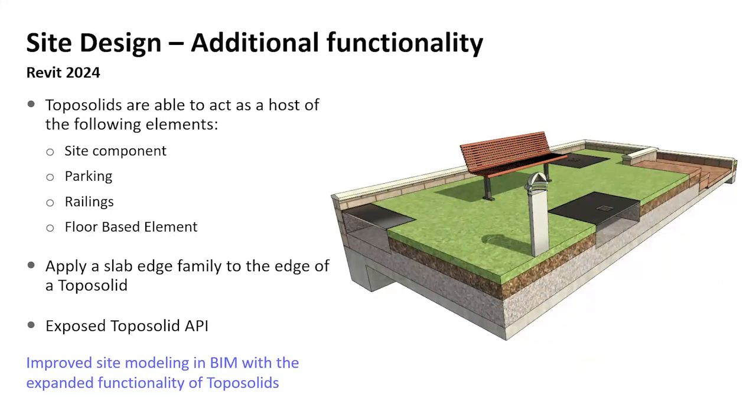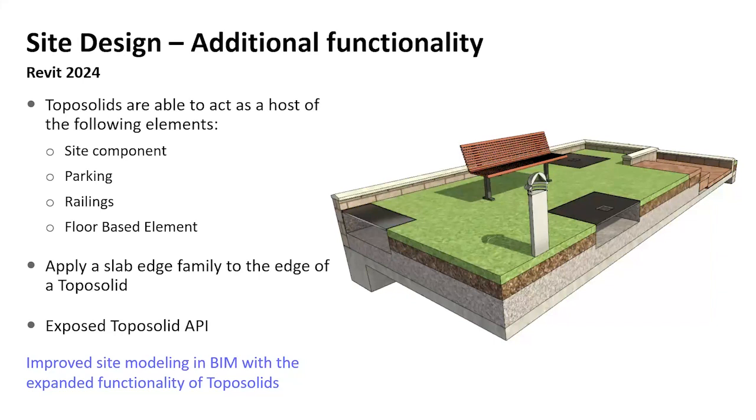So the TopoSolid has the functionality, just like a floor-based element, where layers of materials or layers of site, like grass, earth, rock and sub elements. We can do things like use the Revit slab edge tool to put a curb or maybe a retaining wall on top of or alongside the edge of the TopoSolid.